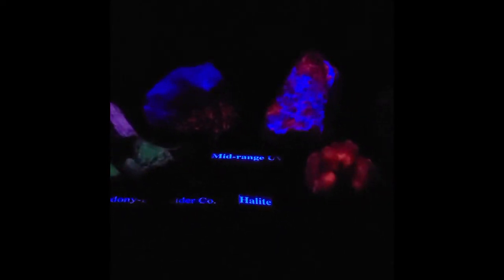This is shortwave. This one over here is mid-range. It means it's not quite as powerful, but still it has a good indication that color can be indicated using ultraviolet light. The unique thing about that is some minerals will fluoresce under shortwave, which we just looked at, some under mid-range, and others will fluoresce only underneath long-wave.